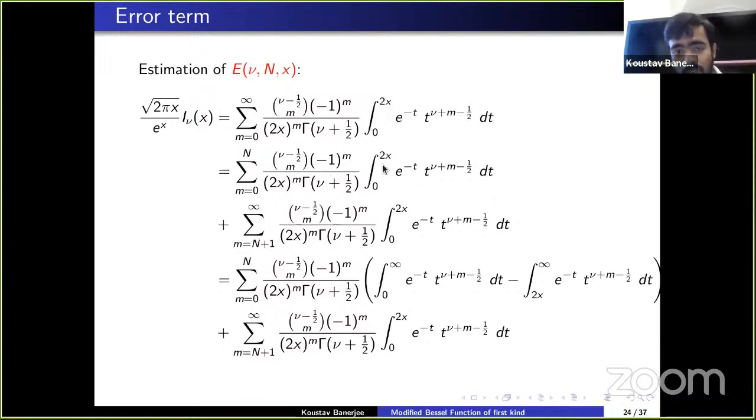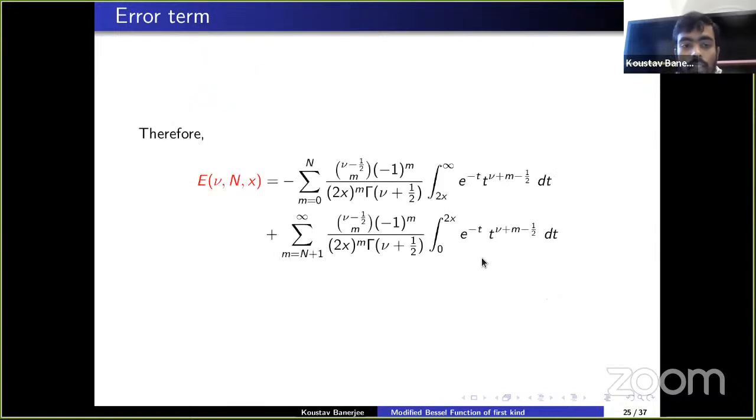So I again do this trick, 0 to 2x equals 0 to infinity minus 2x to infinity. In the resultant, e nu x is actually minus the sum m from 0 to n of this factor from 2x to infinity, plus the sum m from n plus 1 to infinity of this incomplete factor from 0 to 2x.